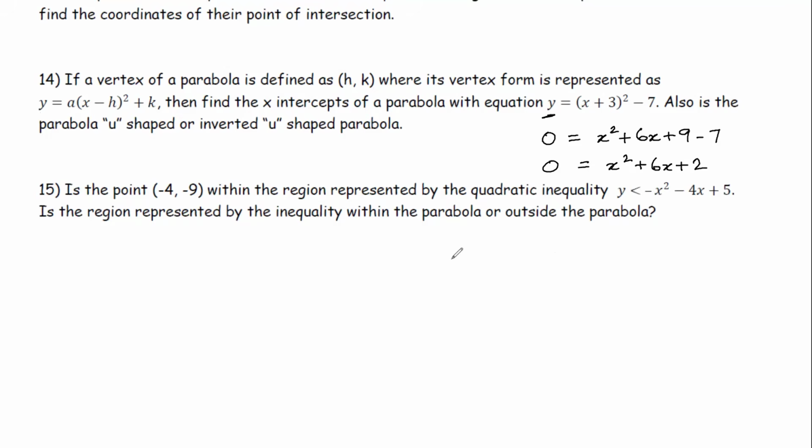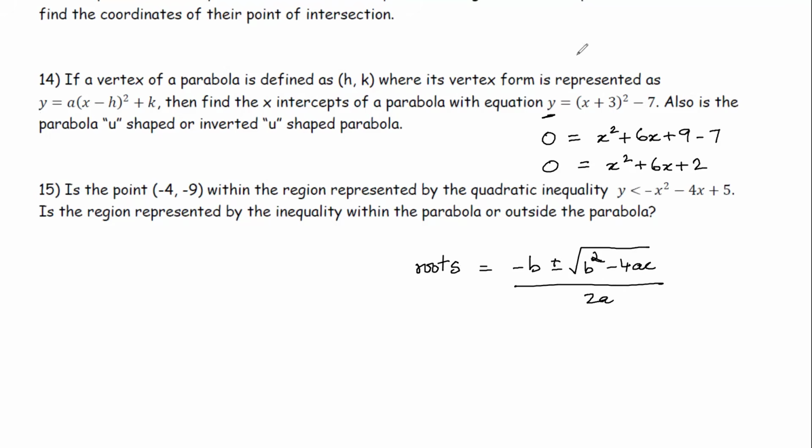Now remember the roots formula: minus b plus or minus root of b square minus 4ac upon 2a.